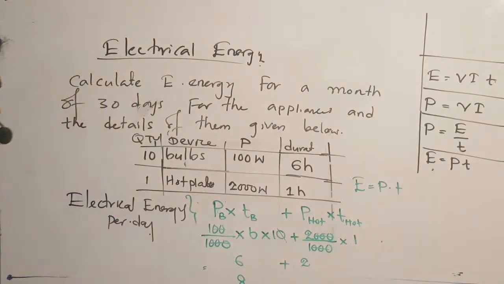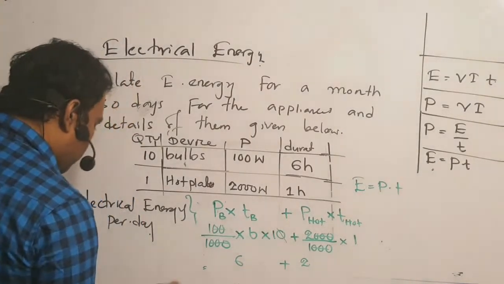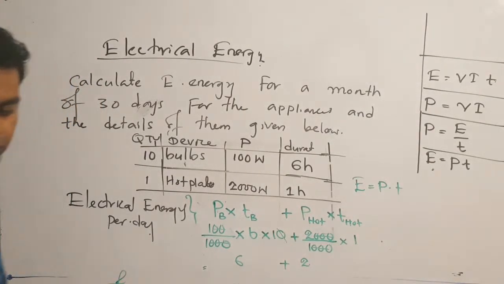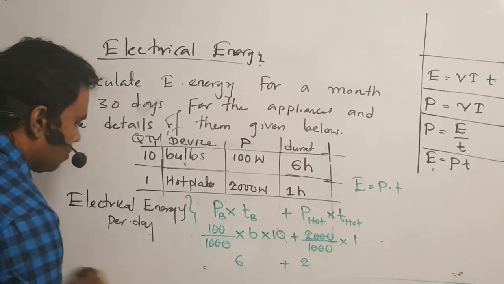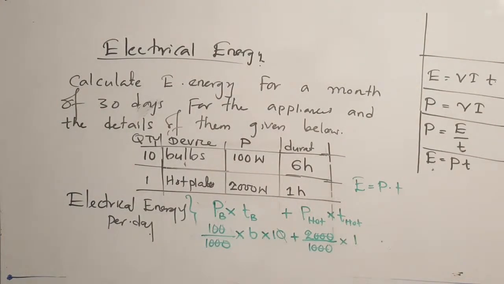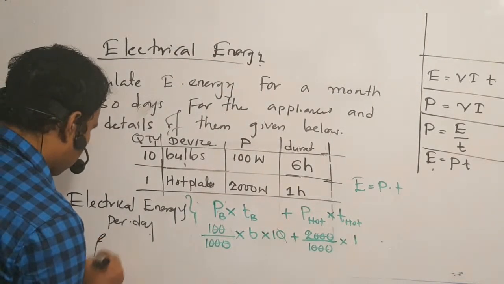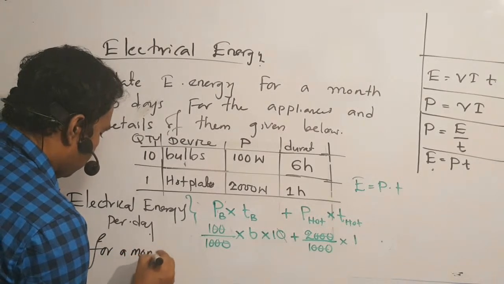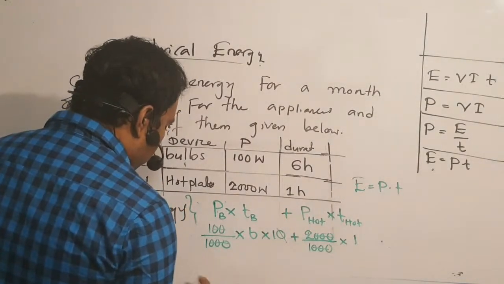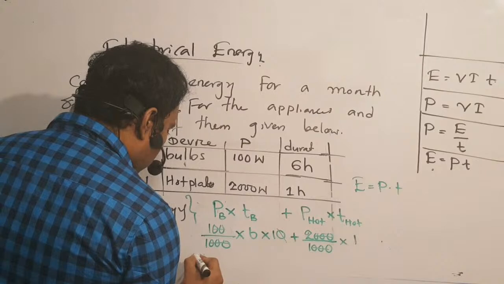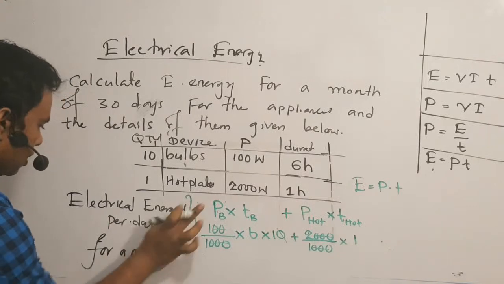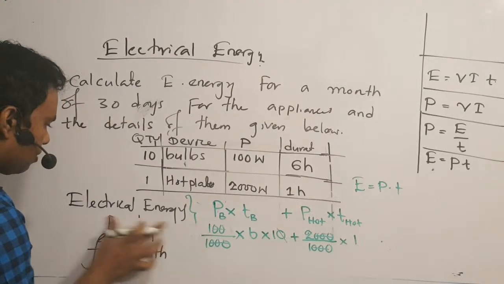For a month, next we calculate. I'll add this to the same expression. For a month, or monthly electrical consumption: electrical energy per day, electrical energy consumption per month.